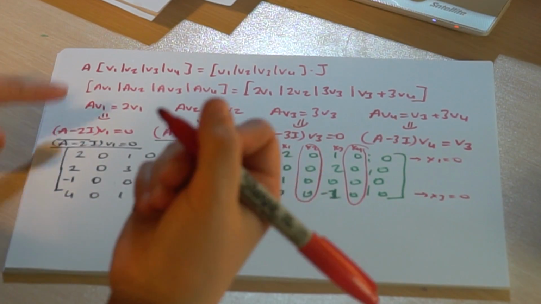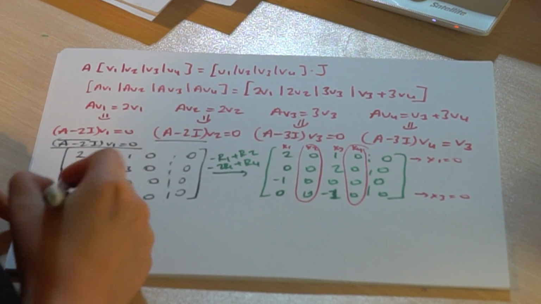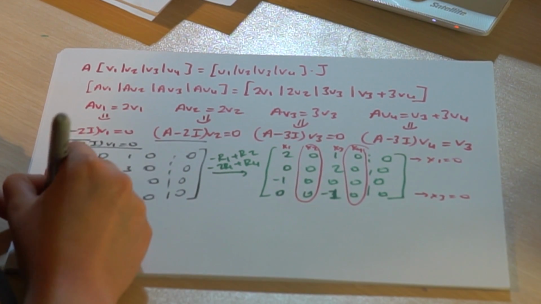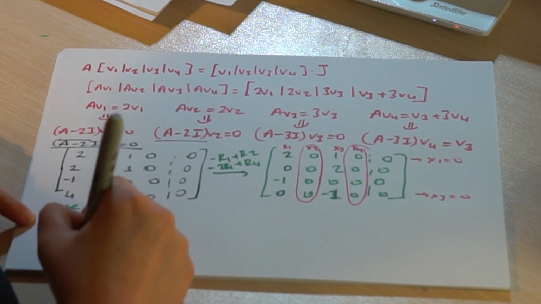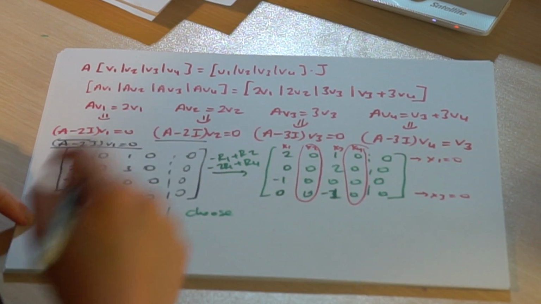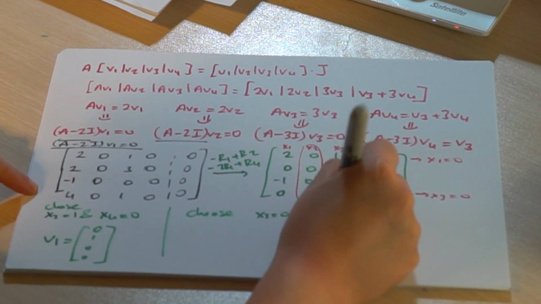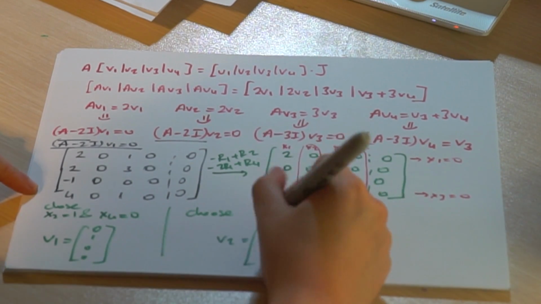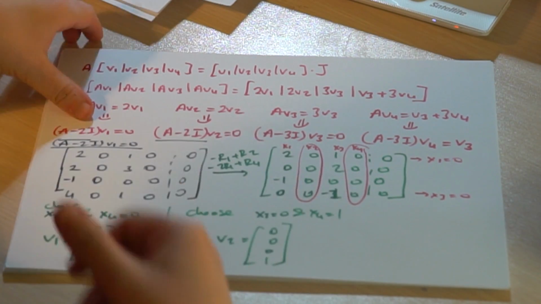Let's choose for v1 x2 equal to 1 and x4 equal to 0. So v1 will be 0 1 0 0, and for v2 choose x2 equal to 0 and x4 equal to 1. So we will have v2 0 0 0 1. So we find v1 and v2.